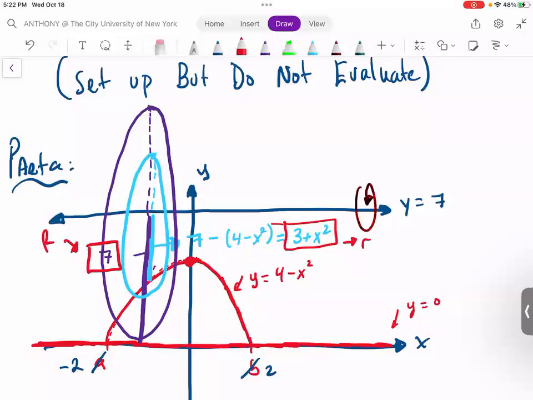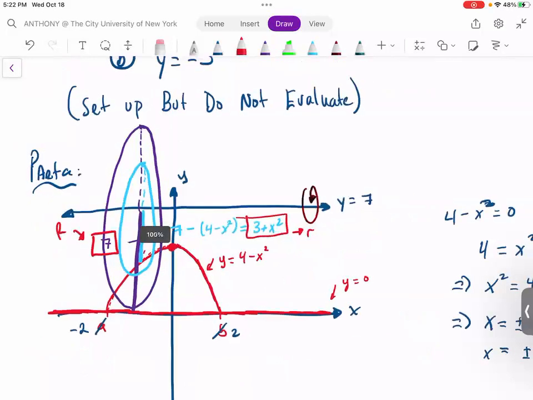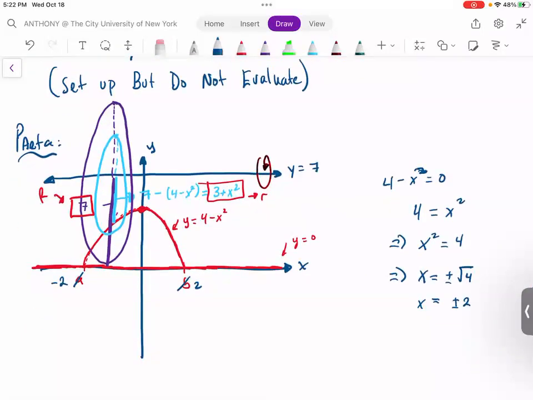And now that my image is essentially completed here, I can now set up the volume. By the washer method, volume is equal to pi times the integral from a to b of big R of x squared minus little r of x squared dx, right? Big radius minus small radius. The bigger radius is just going to be 7. The smaller radius is going to be 3 plus x squared.